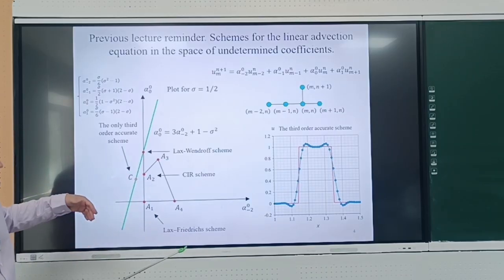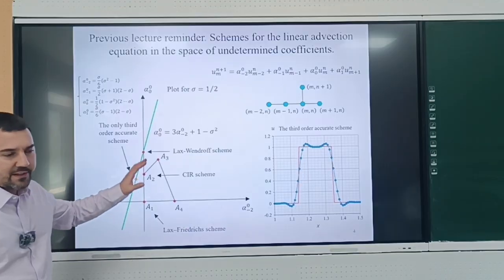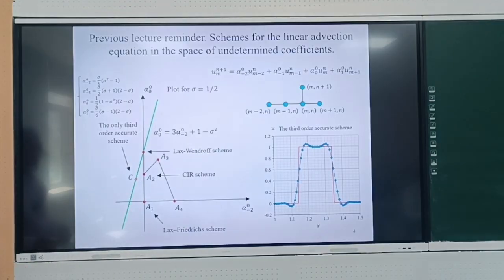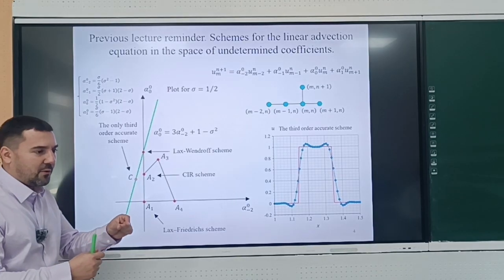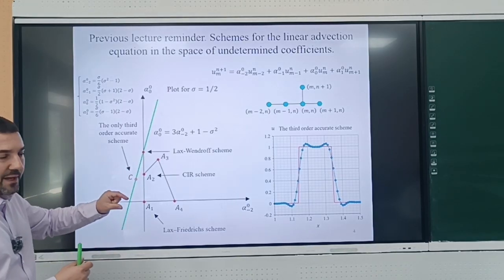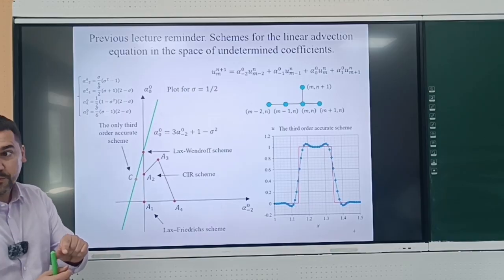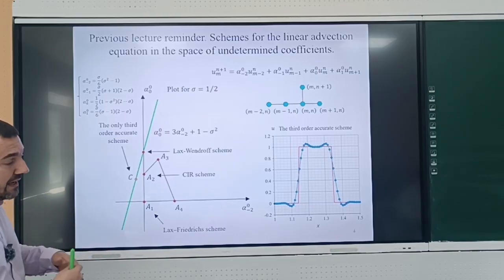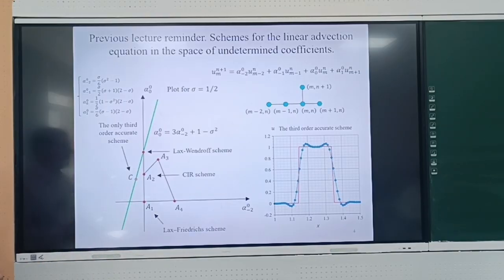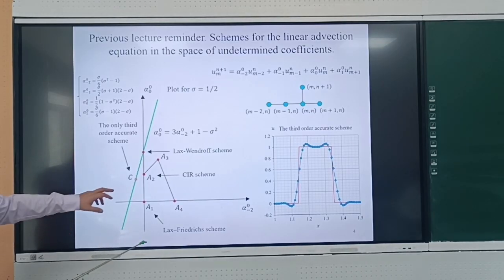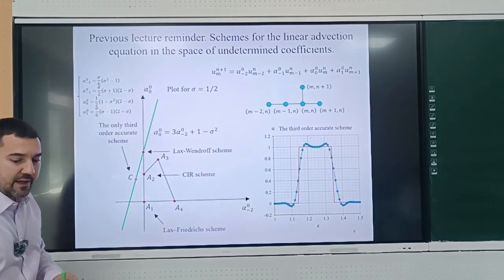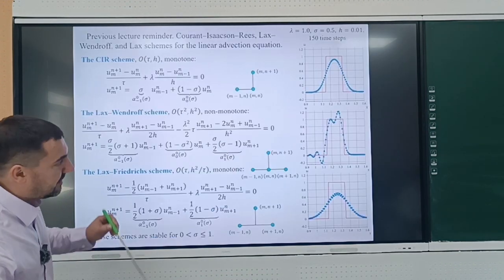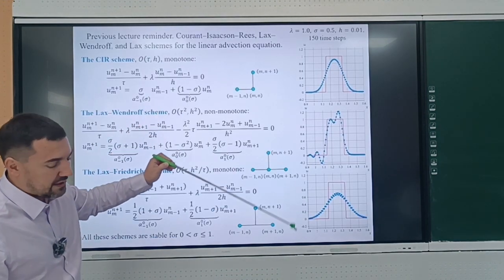So the hypothesis when people constructed this space was that maybe schemes that are close to each other in just our ordinary Euclidean norm will also have close properties in simulations. To some extent, this hypothesis was proved. Indeed, the properties of the A2 scheme, the Courant-Isaacson-Rees scheme, are better in comparison with the Lax scheme.